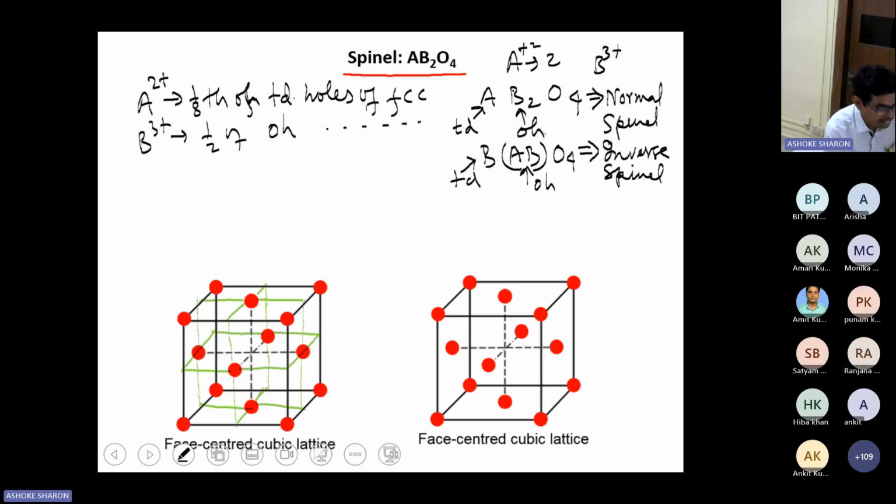Now, I am trying to connect these points.